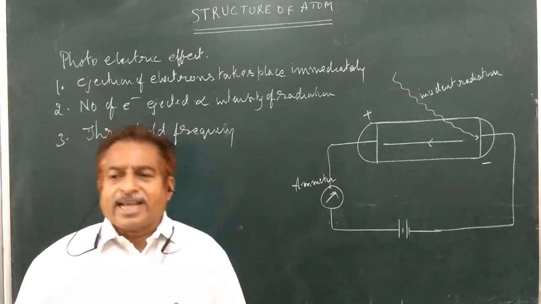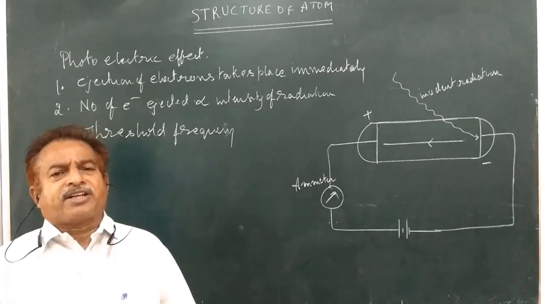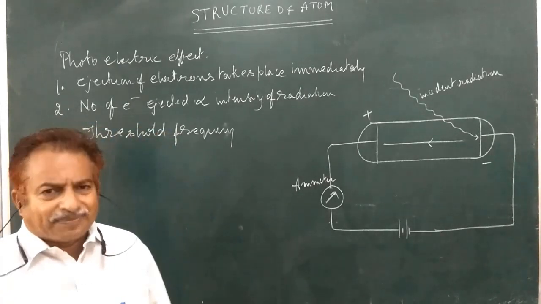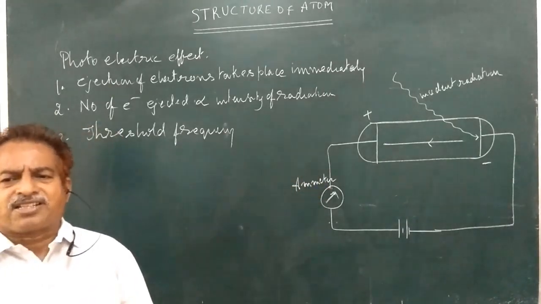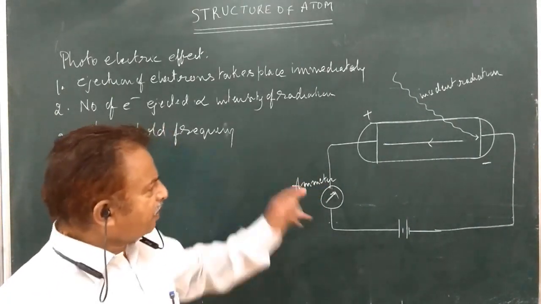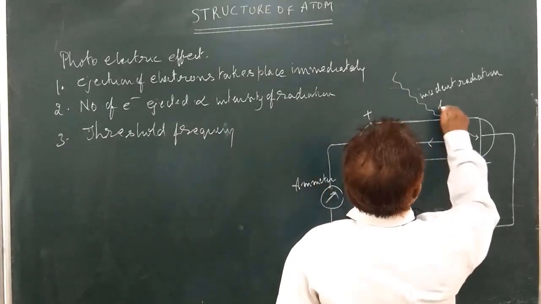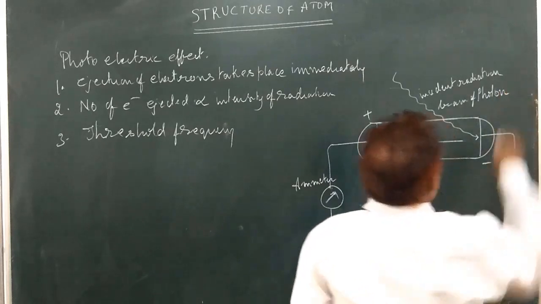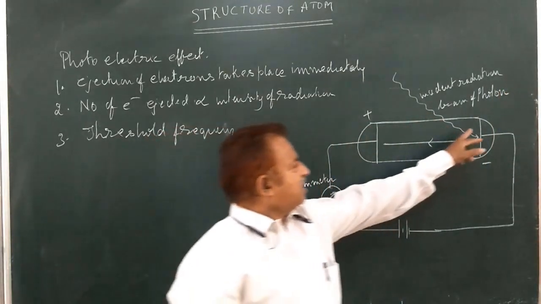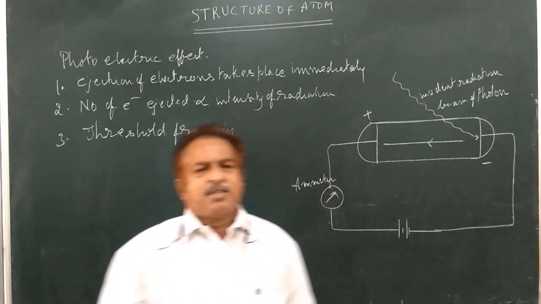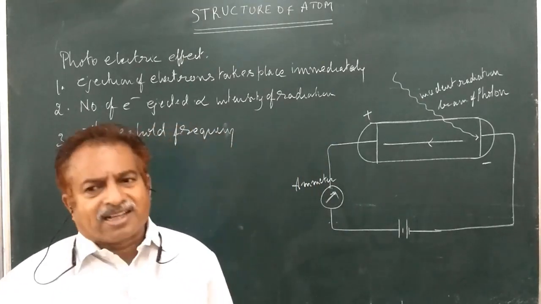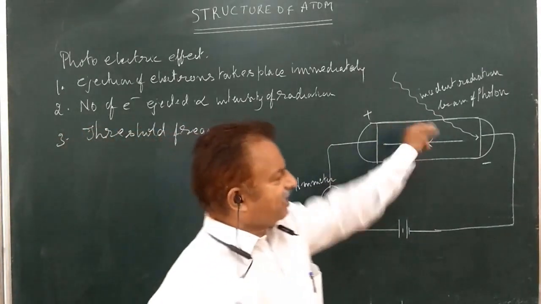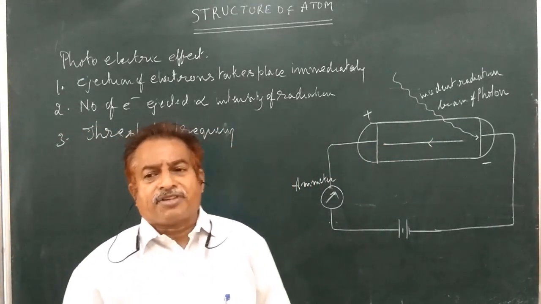Einstein was able to explain the photoelectric effect by using Planck's quantum theory. When a beam of light strikes the metal surface, a beam of light means a beam of photons. When a beam of photons strikes the metal surface, electrons are ejected, that is, the photoelectric effect takes place. If the photon has sufficient energy, then the photoelectric effect takes place.